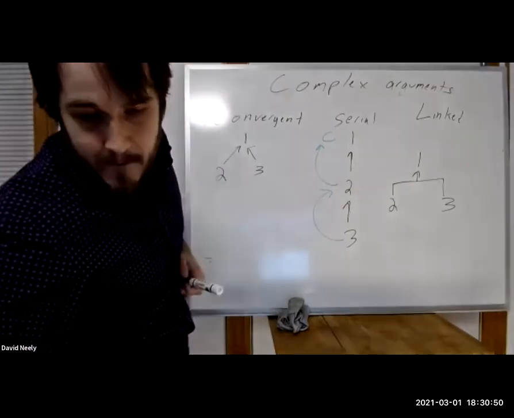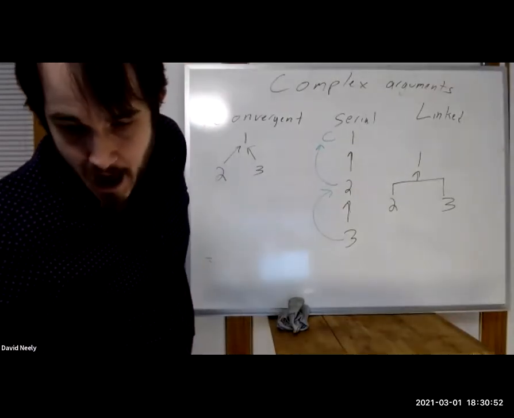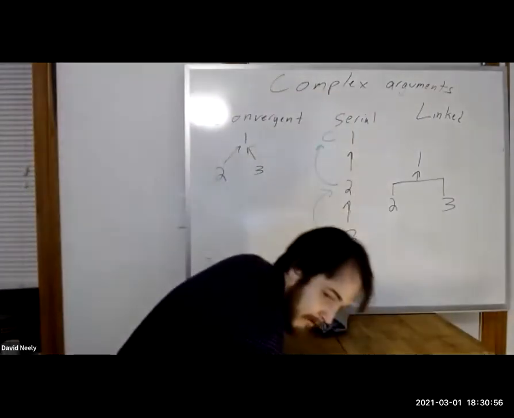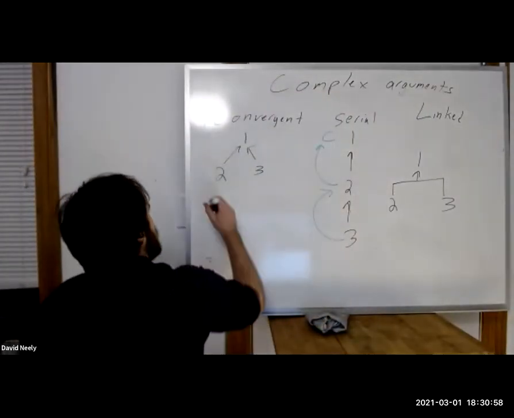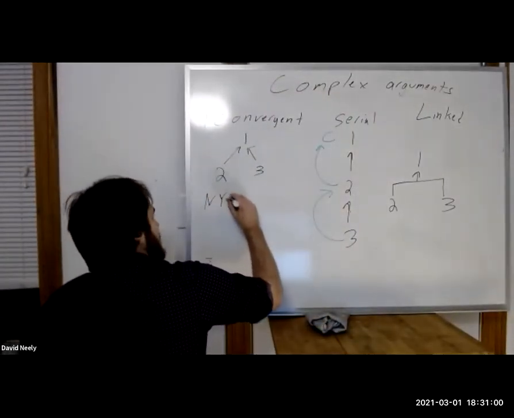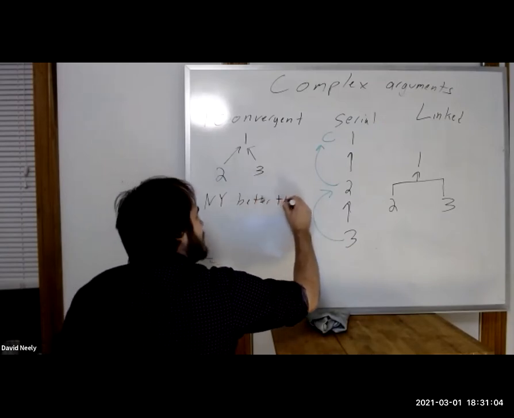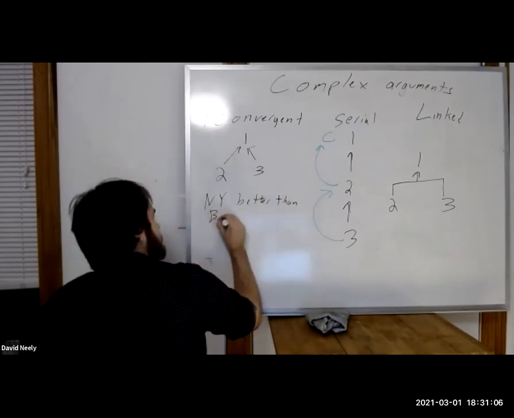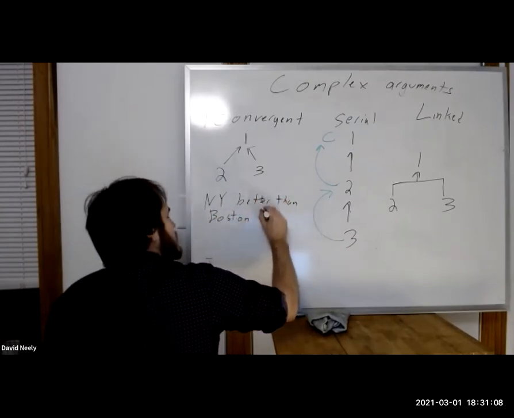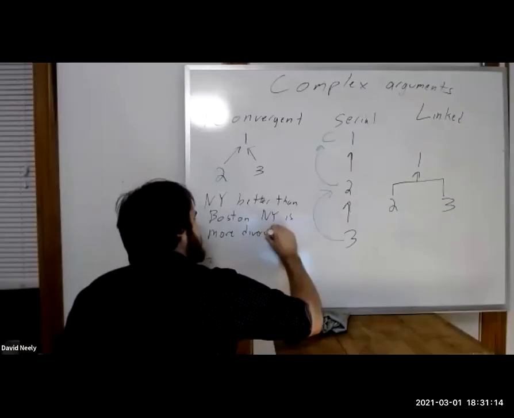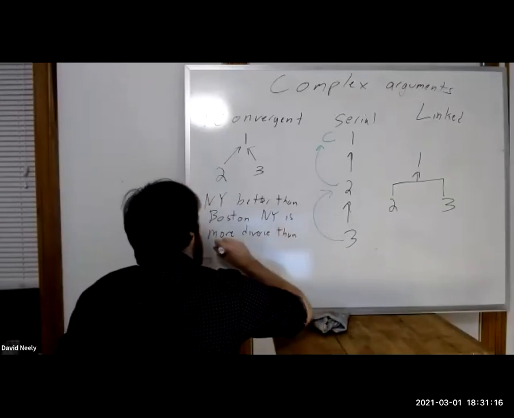So an example of this would be: New York is better than Boston. New York is more diverse than Boston.